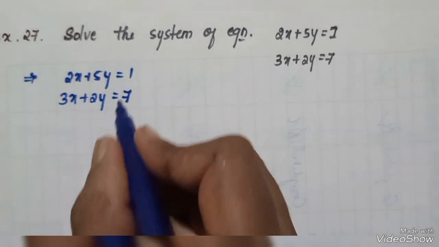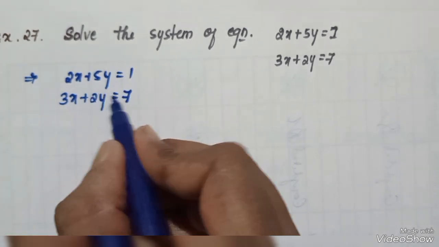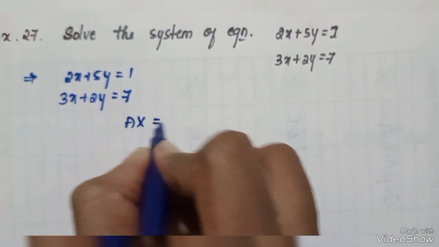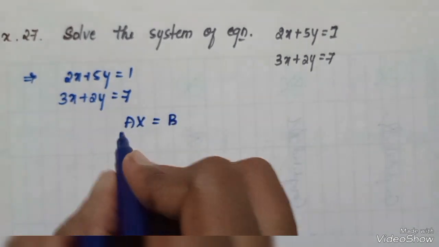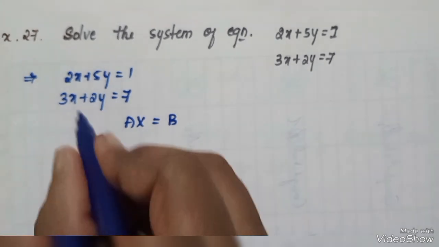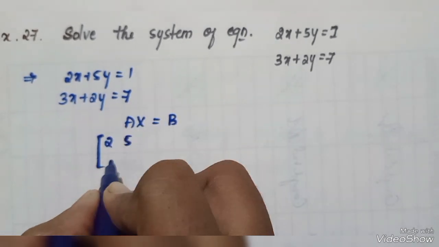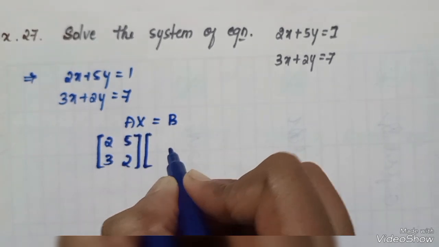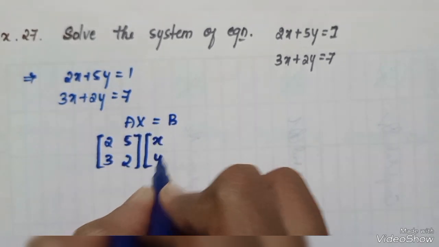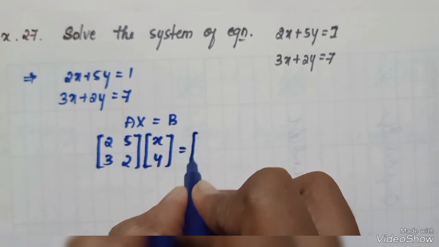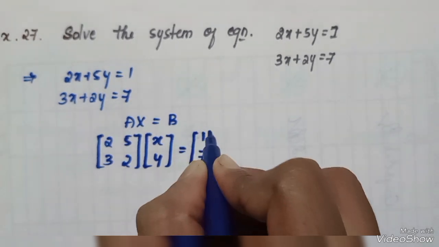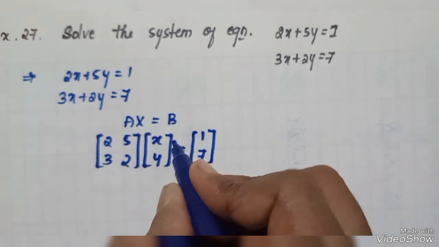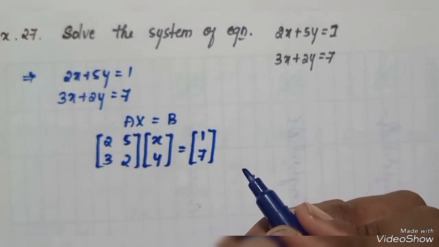The first step is to write the system of linear equations in matrix form, that is Ax is equal to B. First, the A matrix containing the values 2, 5, 3, 2 and the X matrix having the variables x, y is equal to the B matrix containing 1 and 7. The first step is completed.